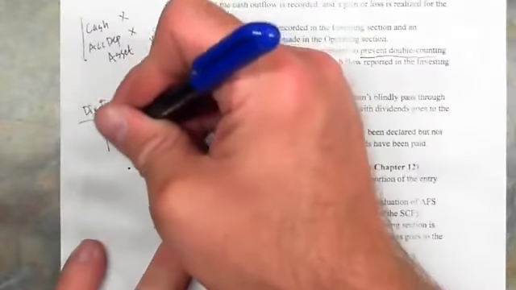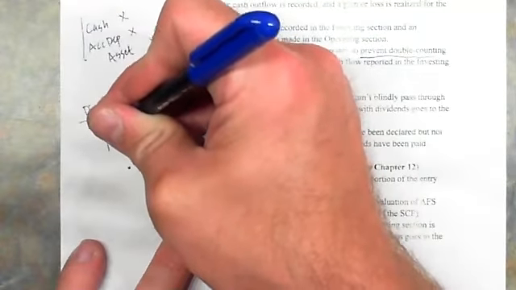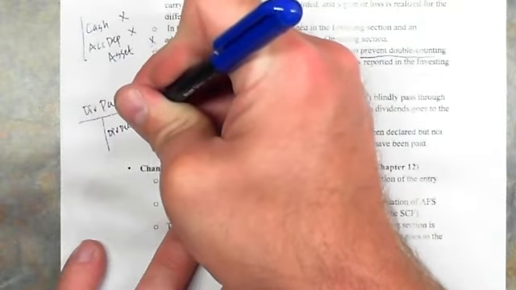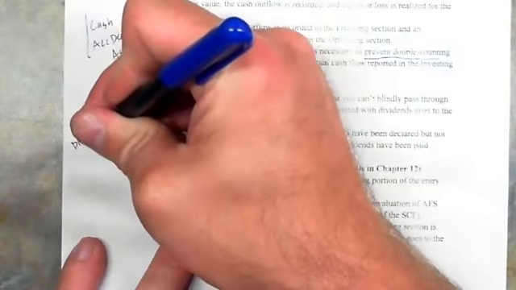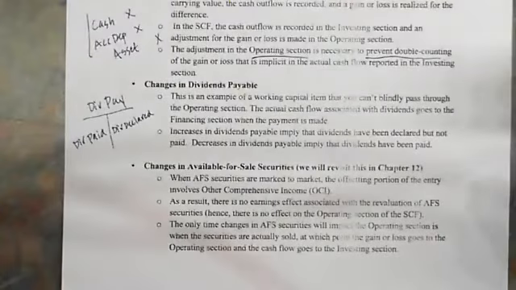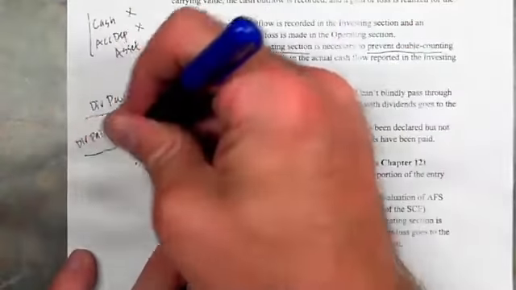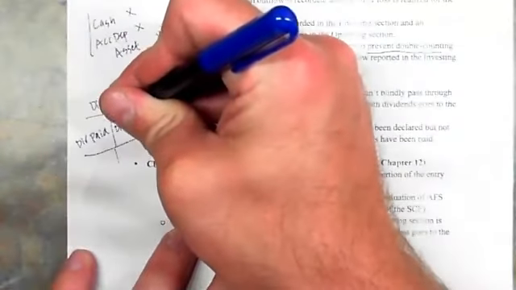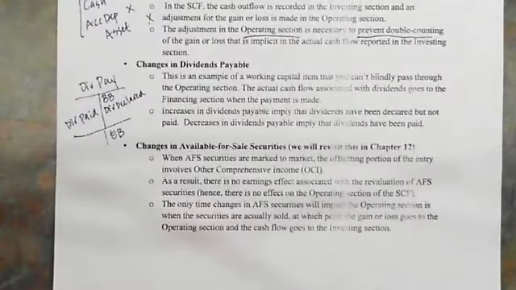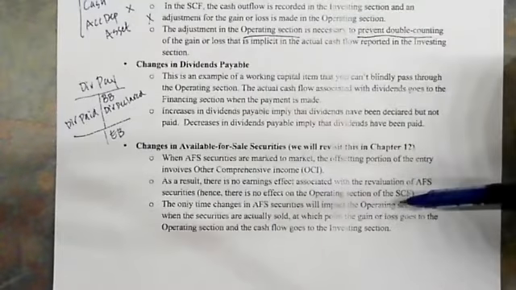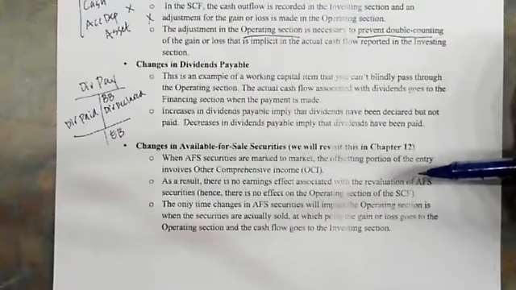Well, credits will mean that I have dividends declared, and debits will mean I have paid dividends. So that's how the account increases and decreases. And then from there, it's just a beginning balance and an ending balance, and figuring out where the dust settles after that.